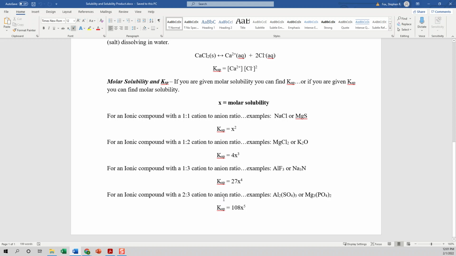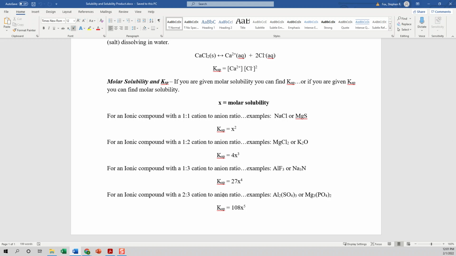And what that means is how many moles of that compound will be dissolved in 1 liter of solution to make the solution saturated, or to make the dissolving process reach equilibrium, right? That's what molar solubility is. It's how many moles of a salt can dissolve per liter of solution, and that's your saturation concentration of the salt.